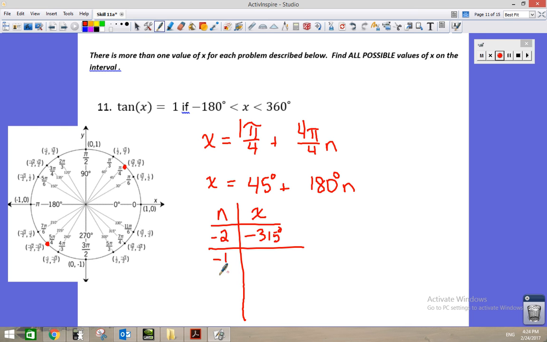What about negative 1? If I take away 180 from 45, I'll be at negative 135. Hey, that's in there, right? If n is 0, I've got 45. That's in there. Let me shrink this up so I can write this all in the same table.